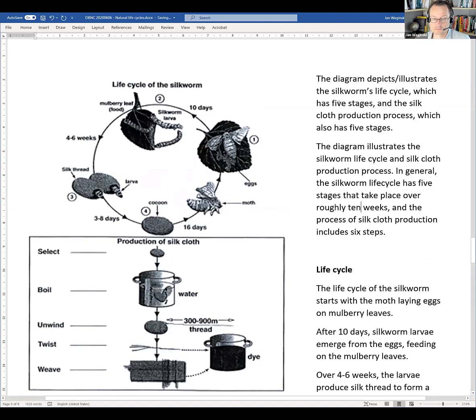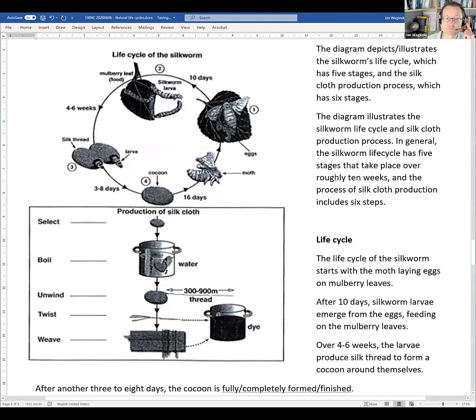And the process, can't we say whereas? Charmy, one more time, please. Now you say roughly 10 weeks, comma, and the process of silk cloth production. Instead of saying and the, can't we say whereas the process of silk cloth production includes 6 steps?